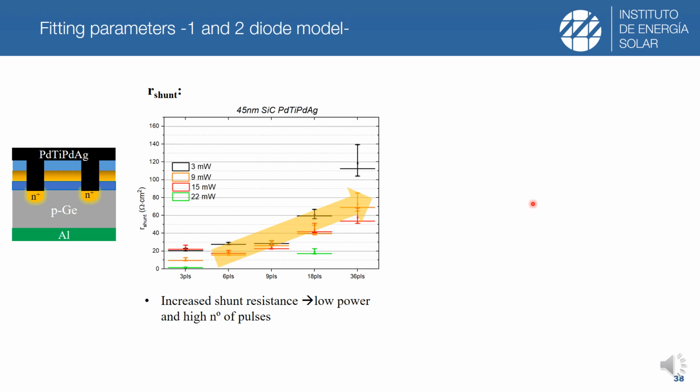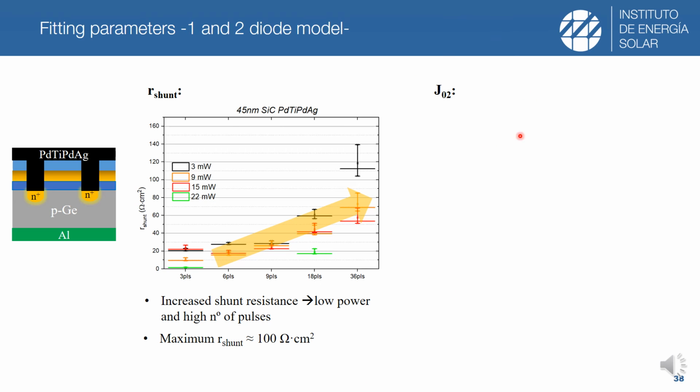So even if we are able to optimize the shunt resistance by optimizing the laser conditions, a maximum shunt resistance in the order of 100 ohm per square centimeter was achieved, which means that the improvement by changing the laser condition is rather moderate. And this is very far away from ideality, in which shunt resistance should be infinite.